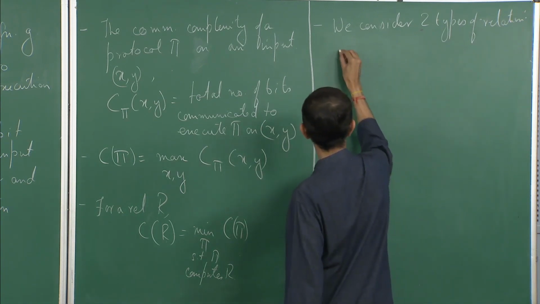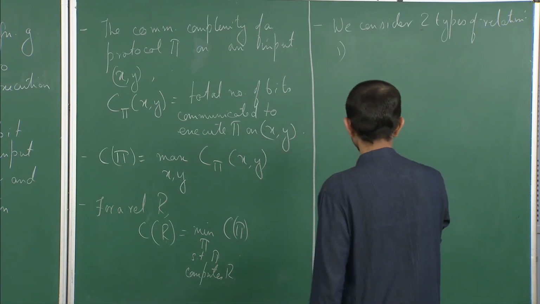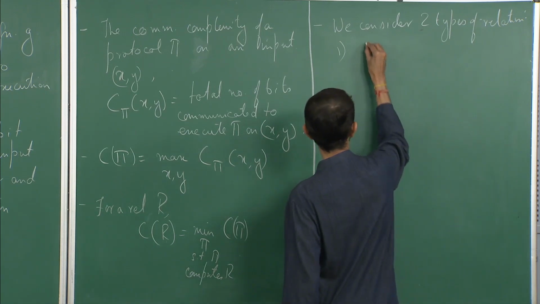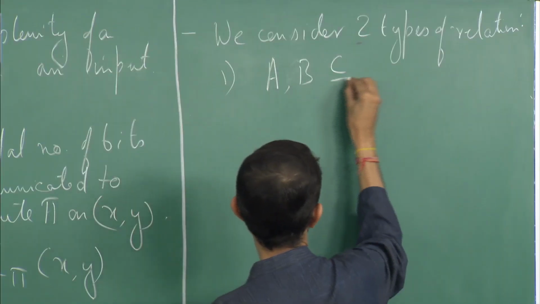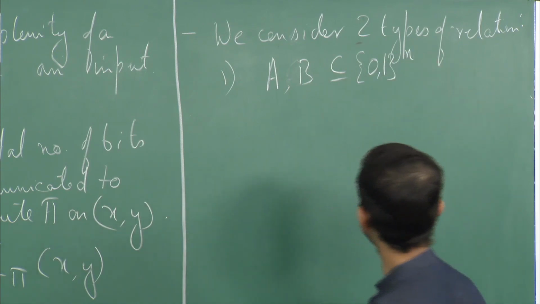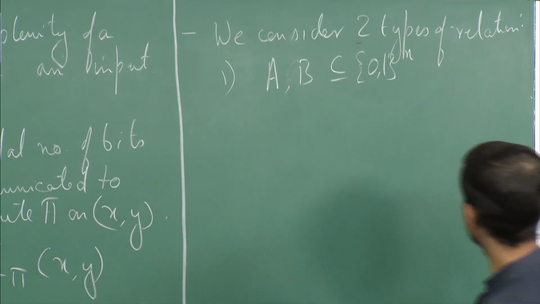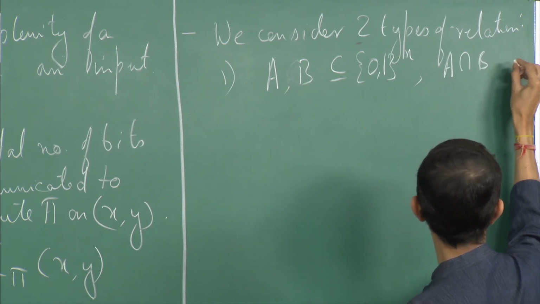The first one is, suppose we have sets A and B consisting of n-bit strings such that A and B are disjoint.